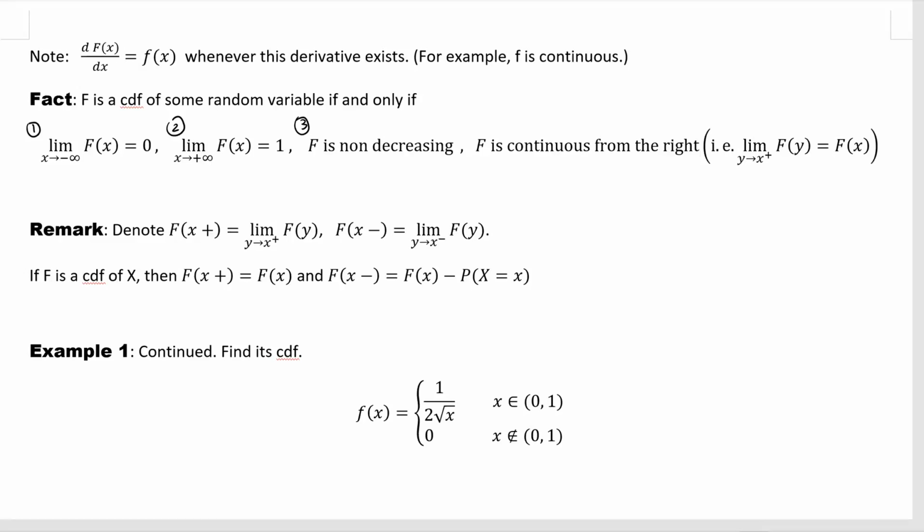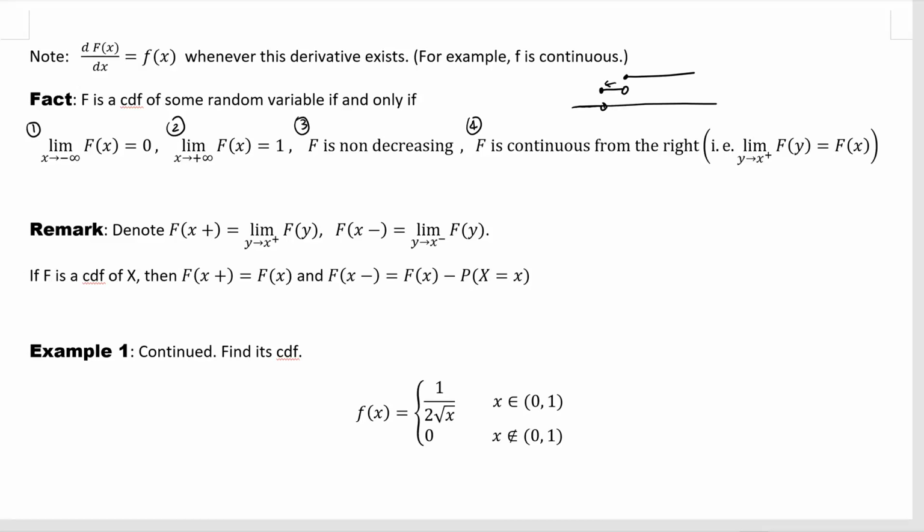It's non-decreasing. It could stay the same and increase, and stay the same and increase. And F is continuous from the right. What does that mean? It's like this, like that. So it's continuous from the right. The function value equals the right side limit.